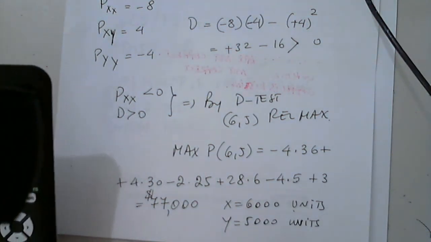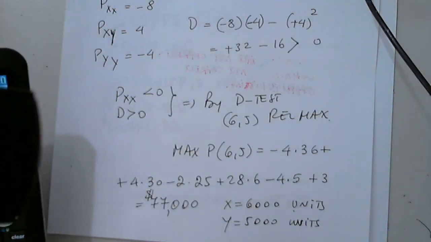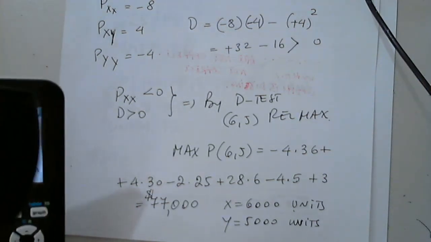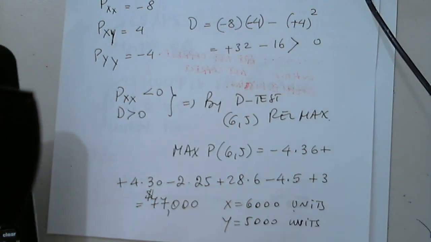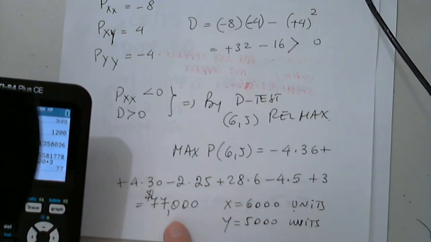Let me check the number. So negative 4 times, did anyone get 77? Plus 4 times 30 minus 50 plus 28 times 6 minus 20 and plus 3. I did get 77.